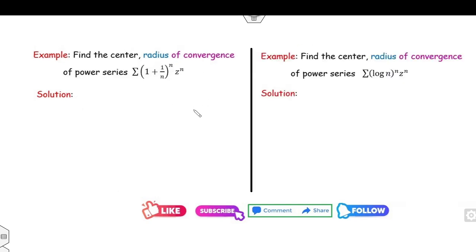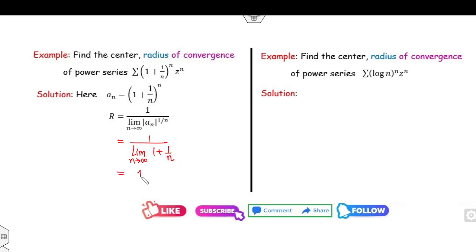Look at this another one. Again, you can see your a_n will be 1 plus something. Fine. Now since it involves a power, I prefer to use the value of r as the limit as n approaches infinity of a_n raised to power 1 over n. If I substitute the value and take the power 1 over n, n will be cancelled.